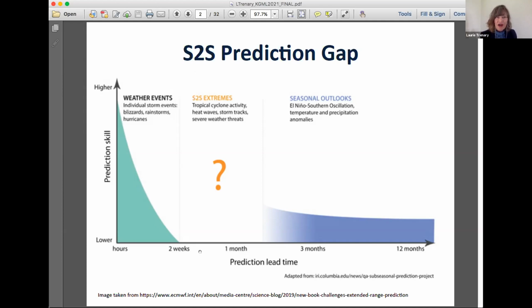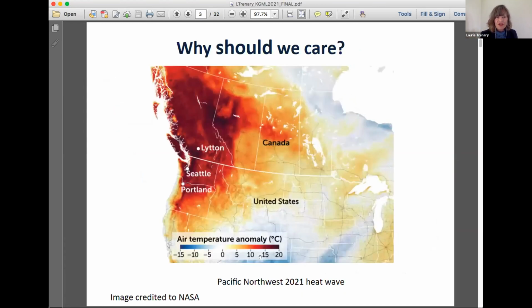For this particular talk, I'm meaning prediction that's 3 to 4 weeks in advance. It's a difficult time scale to predict because it's considered too long to benefit from the initial conditions, yet relatively short to benefit from the slowly evolving boundary conditions.